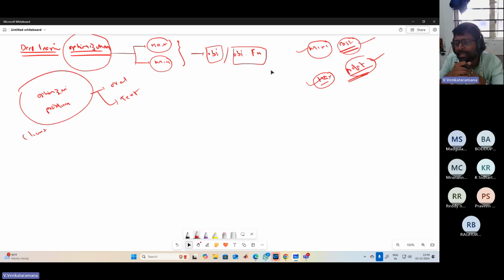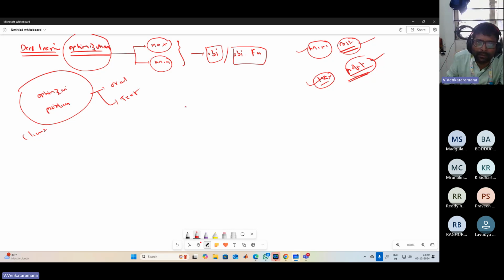So in the mathematical modeling of any optimization problem, what are the main parts? We have a few things. One is the objective function, and you have the decision variables, and you have the constraints, and also you have the boundaries.